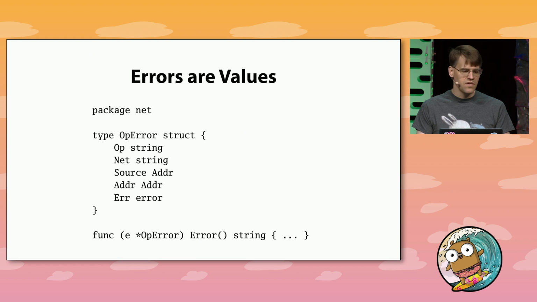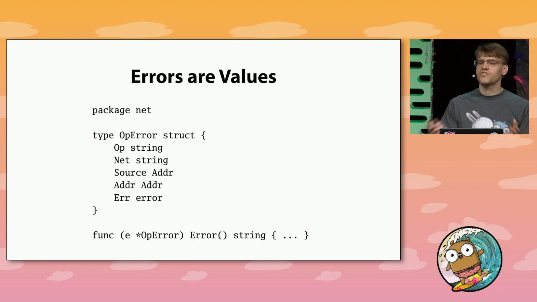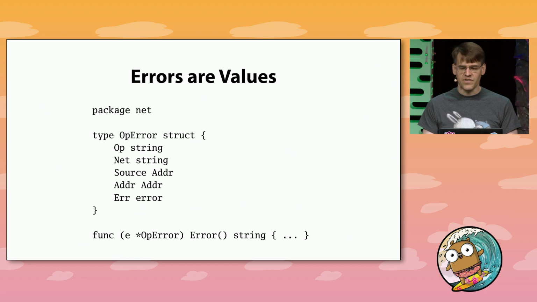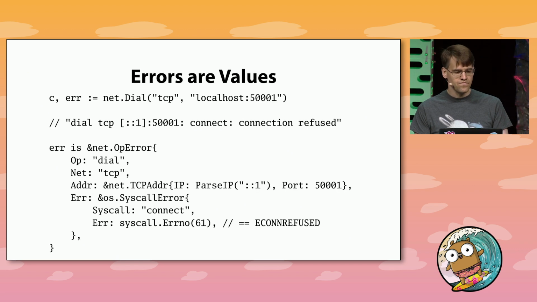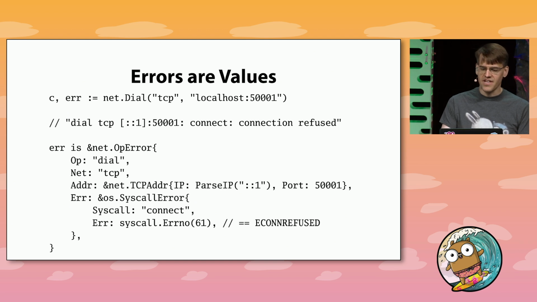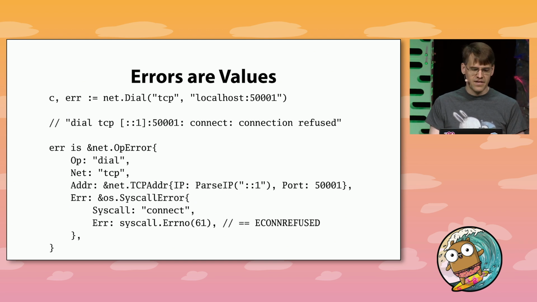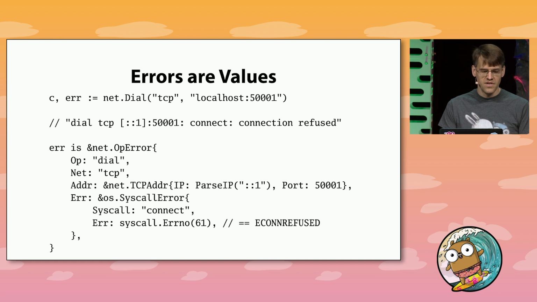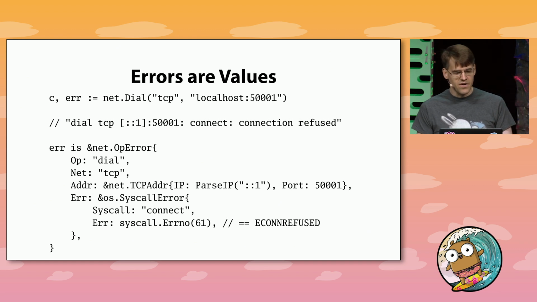Moving up another level, in package net, any network failure is reported using an even larger error structure that records the details of the surrounding network operation, like dial or listen, and the addresses involved. Putting these together, the errors returned by operations like net.Dial are not just strings. They have real structure. In this case, the error is a net.OpError, which adds context to an os.SyscallError, which adds context to a syscall.Errno.